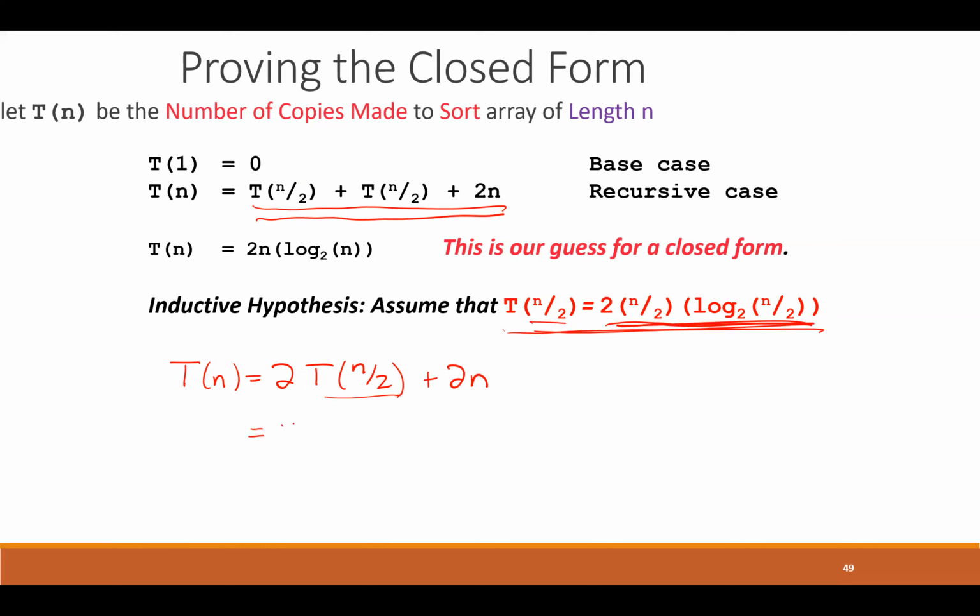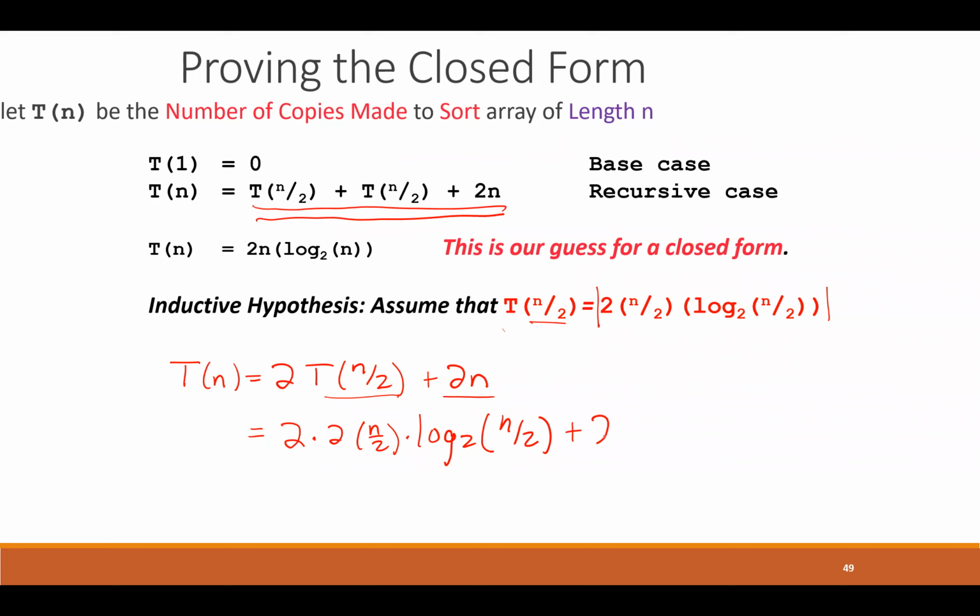So that is equal to 2 times 2 times n over 2 times log base 2 of n over 2, and then plus 2n. Okay. Now what happens here? Again, we're going to talk a little bit about what happens with logarithms when you divide.